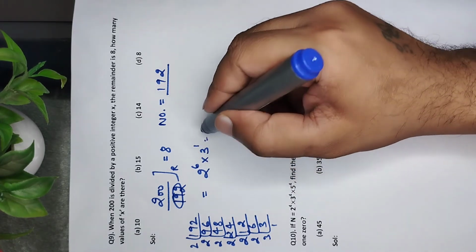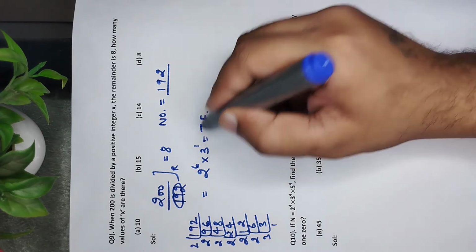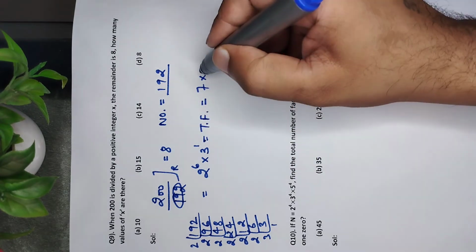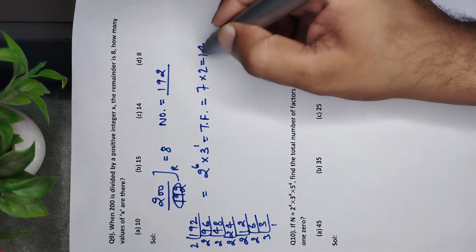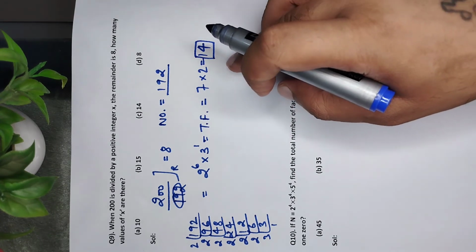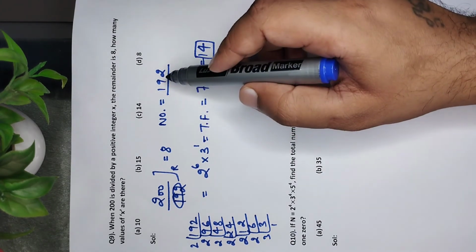So if I have to find the total number of factors in this, I can say the total number of factors are 6 plus 1 is 7 multiplied by 1 plus 1 is 2. That is, overall we have 14 factors. I can say overall we have 14 factors of 192.